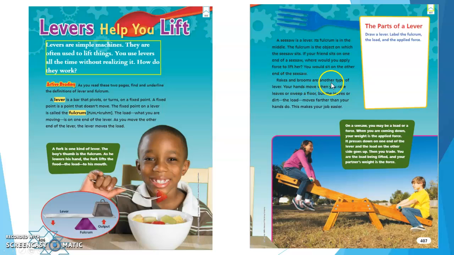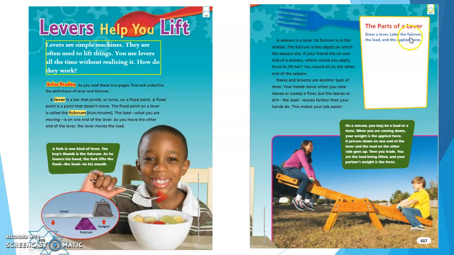Rakes and brooms are another type of lever. Your hands move when you rake leaves or sweep a floor. But the leaves or dirt, that is the load, moves farther than your hands do. This makes your job easier.